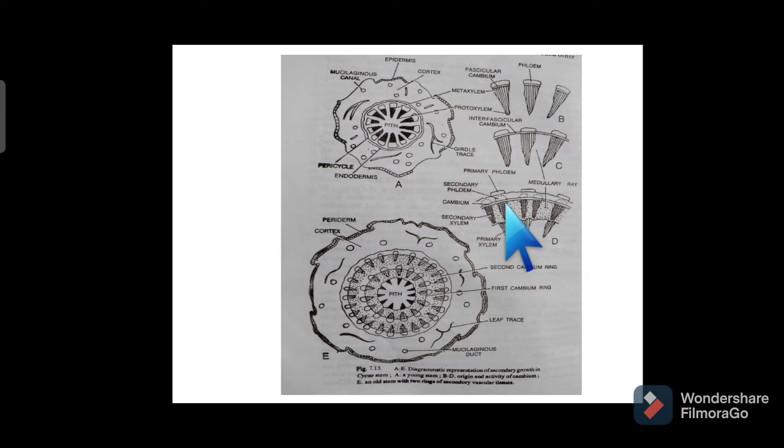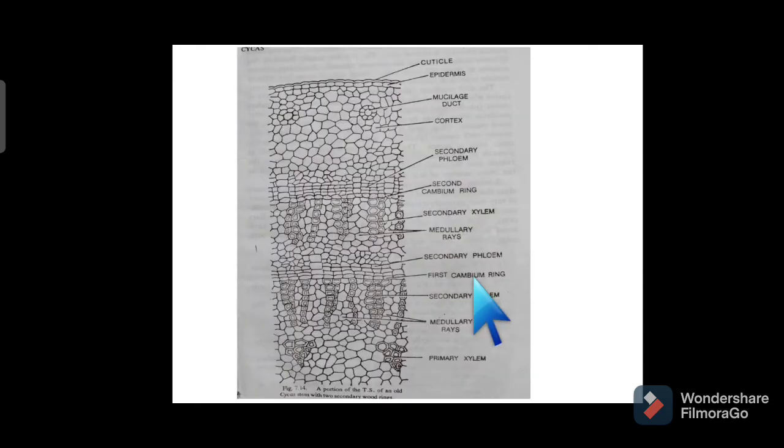Also, some cells of the secondary phloem consist of crystals of calcium oxalate, and the companion cells in the secondary phloem are absent. So here in the Cork Cambium, let us take a look at this diagram.